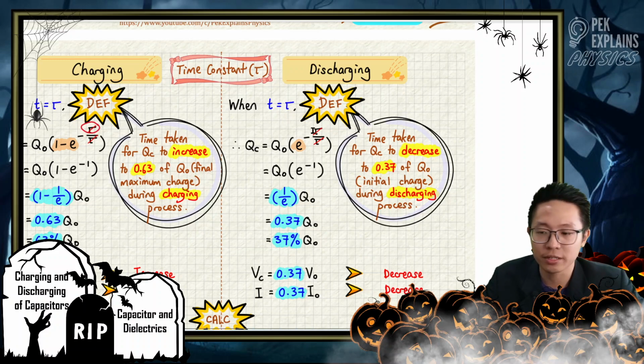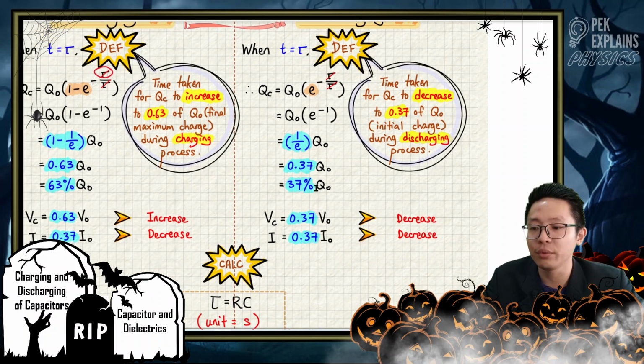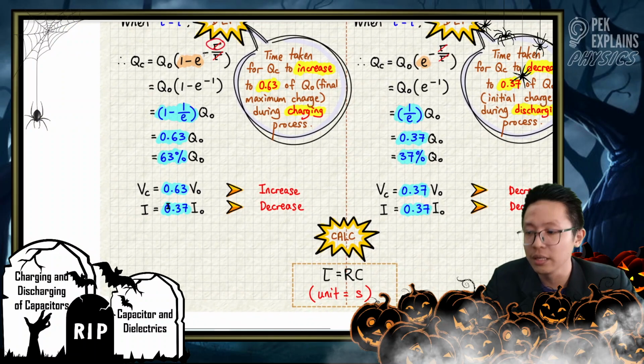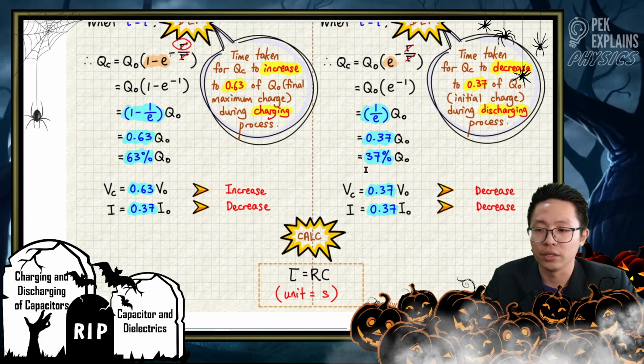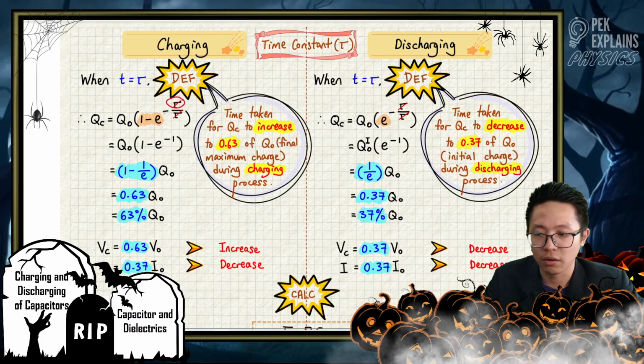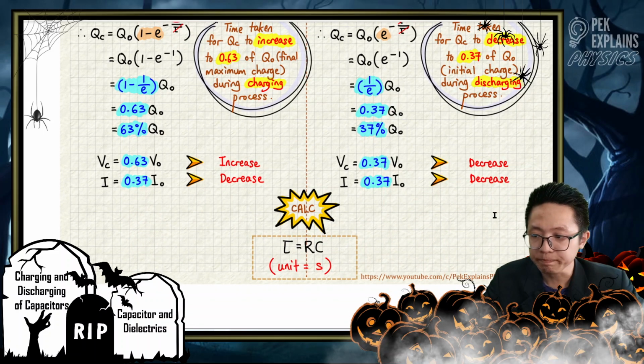So that's how we get 0.37. Same goes to the current here, 0.37. So for discharging process, all of these decrease. That's why all 0.37.